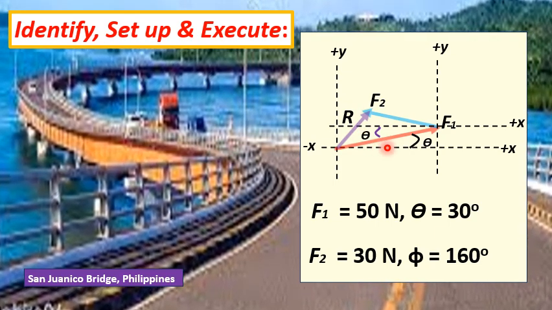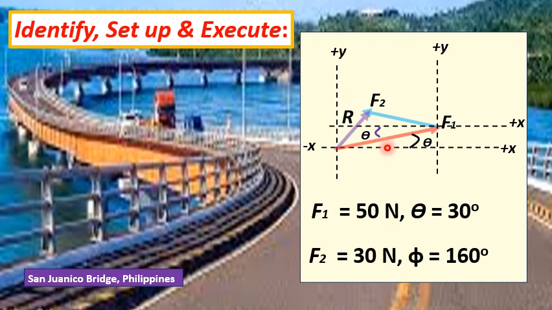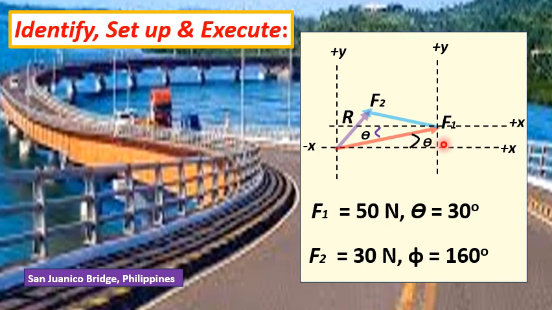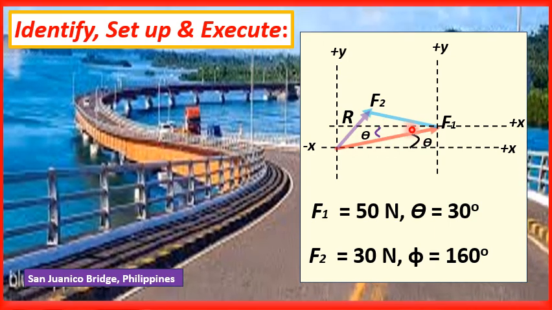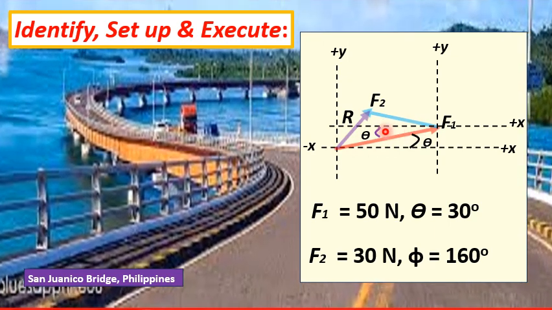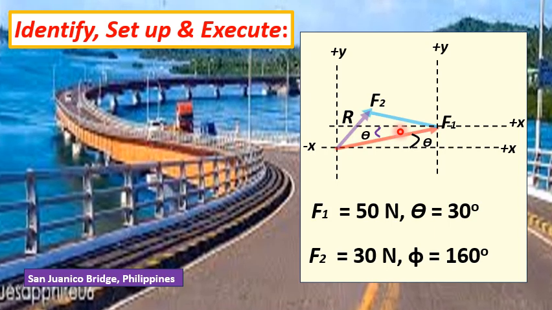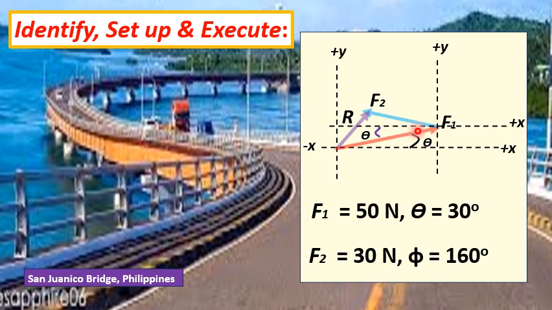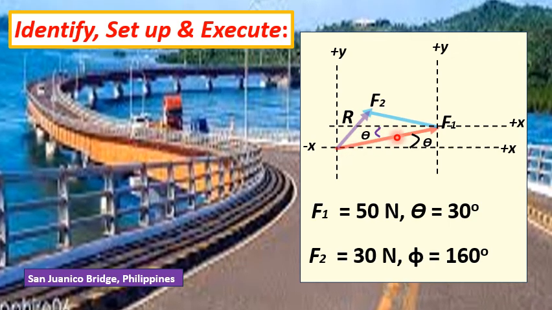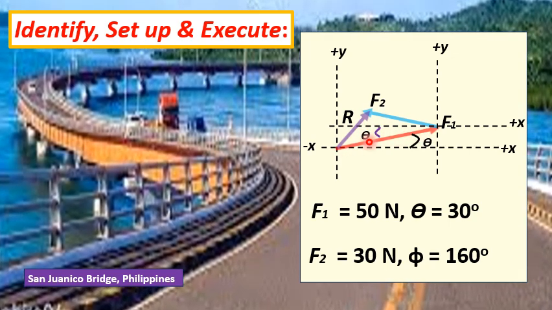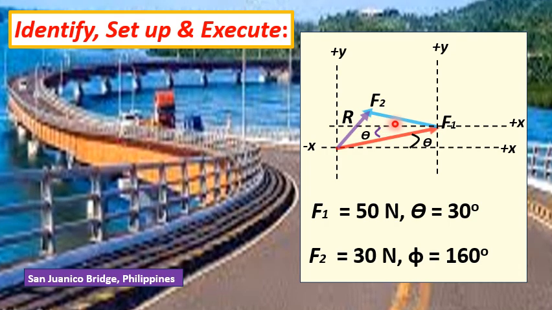And you will notice that the three arrows form a triangle that is not a right triangle, right? Because the angle opposite to F1 is greater than 90 degrees, all right?